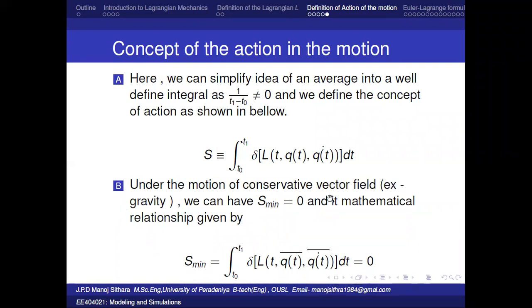Under the motion of the conservative vector field, for example gravity, we can assume that we can have minimum S, right? Minimum action, and mathematically it can be related to the integration of the Lagrangian, where the variation of the action is 0.